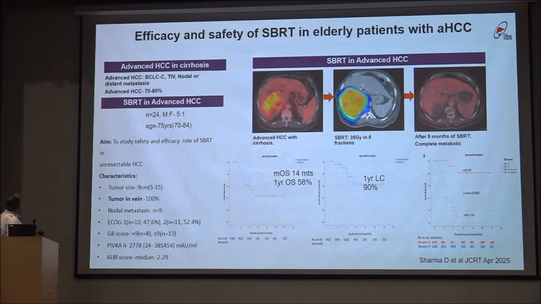Tumor in vein was 100%, nodal metastasis was 9, ECOG 1 was in 10, and the score was more than 9. PIVKA was very high, and the LV score median was 2.29.